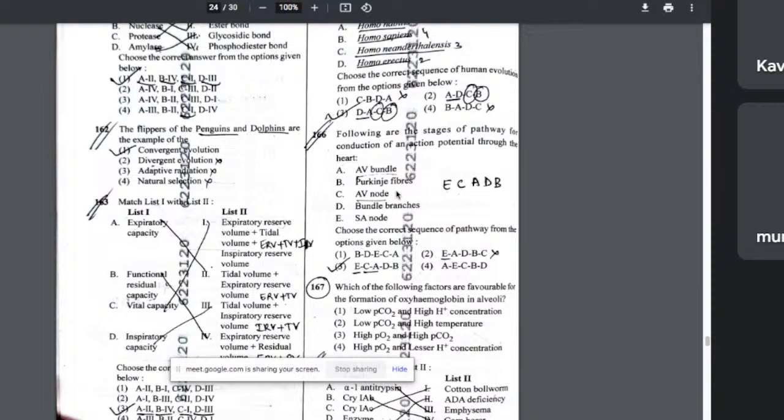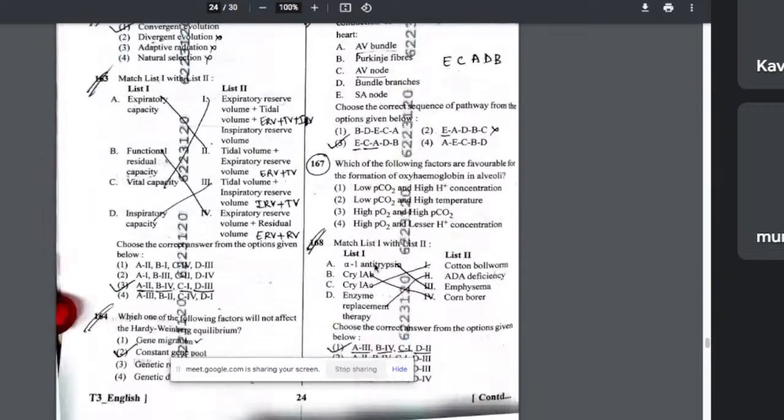So the correct order should be SA node, followed by AV node, then AV bundle, followed by bundle branches, and finally Purkinje fibers. So if you know that Purkinje fibers are present in the walls of the ventricle and they are the final place, you should be able to get the answer easily. The answer is E, C, A, D, B, which is the option 3.